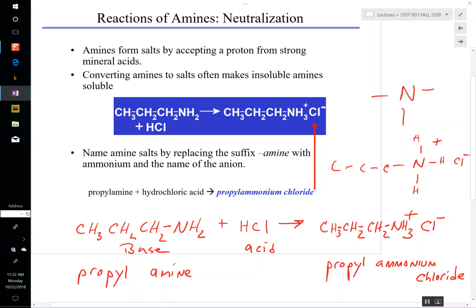It's got this propyl group on it, so it's not real soluble in water. But if you convert it into a salt by just reacting it with a little bit of hydrochloric acid, it increases the solubility in water. Now, why would they want to take a supplement or a prescription drug and make it more soluble in water? Why?